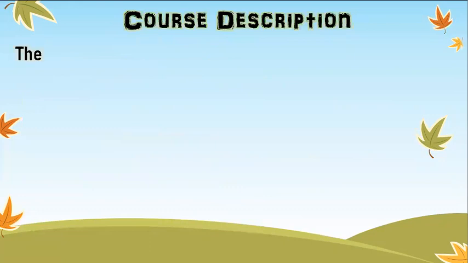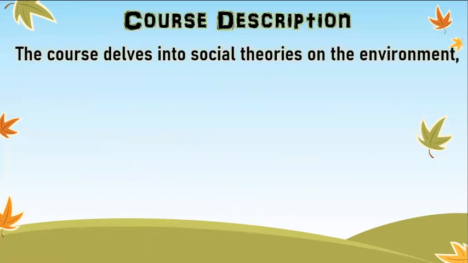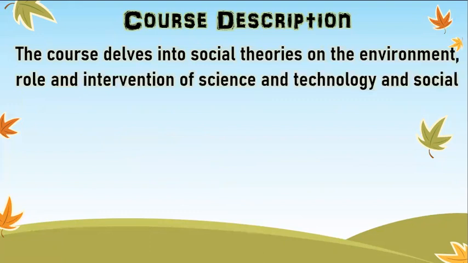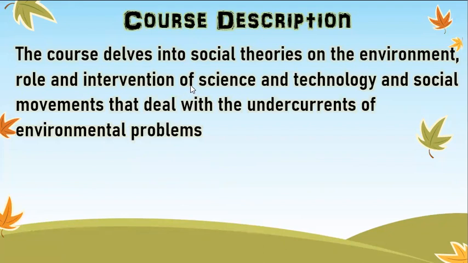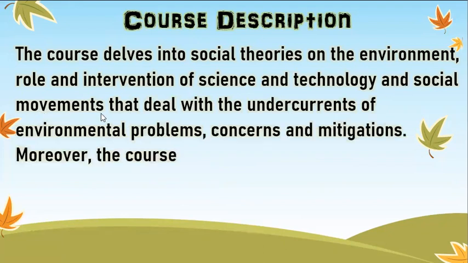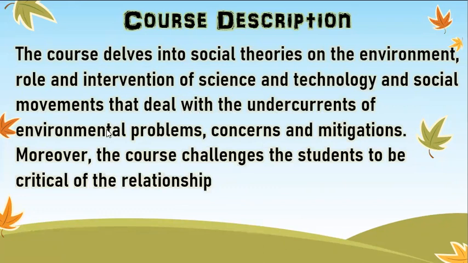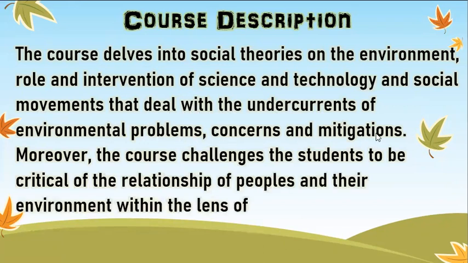To continue with the course description, the course delves into social theories on the environment, role and intervention of science and technology, and social movements that deal with the undercurrents of environmental problems, concerns, and mitigations. Moreover, the course challenges the students to be critical of the relationship of peoples and their environment within the lens of climate justice.